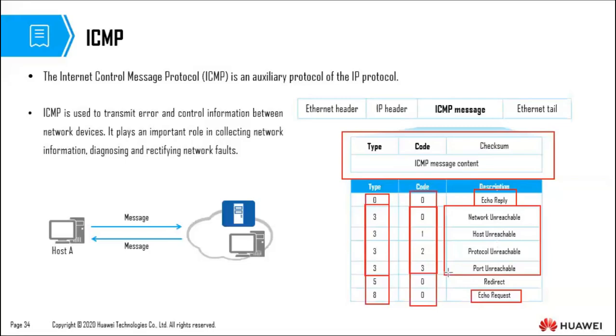Then the other application of ICMP that we are going to look at is what we call ICMP redirect, which I'm going to describe just now. Just know that under type, you might have 0, code 0, meaning it's an echo reply. Then the checksum field is used to check whether the message is complete, for security purposes.